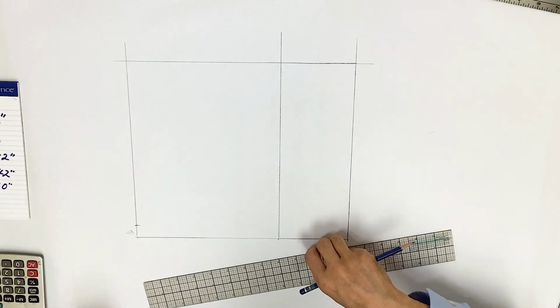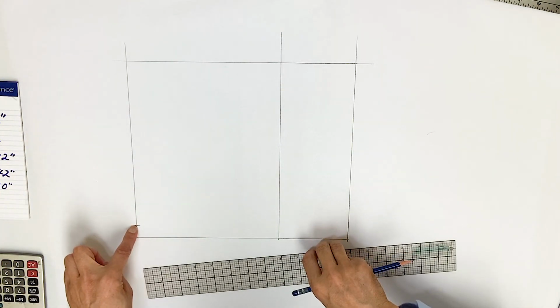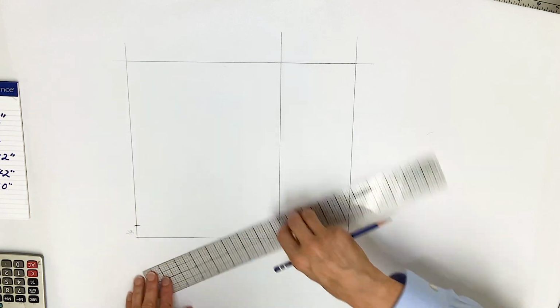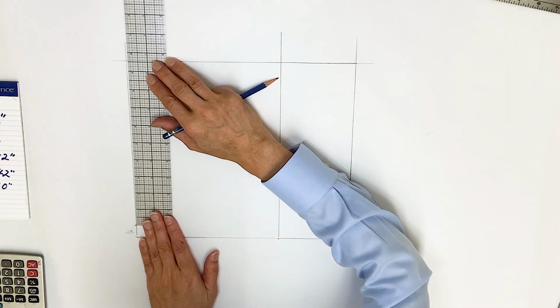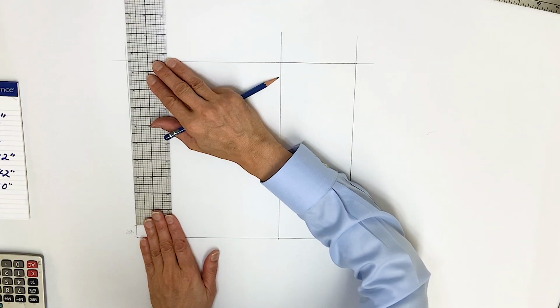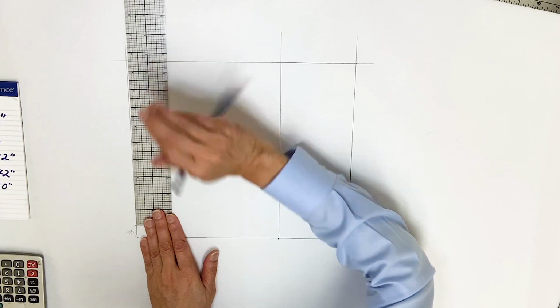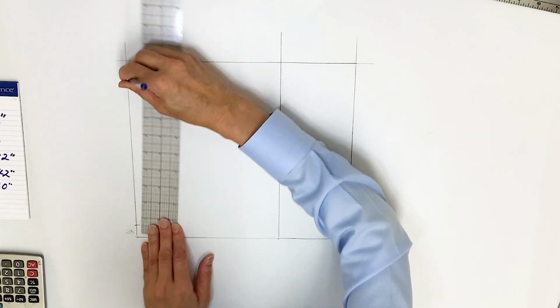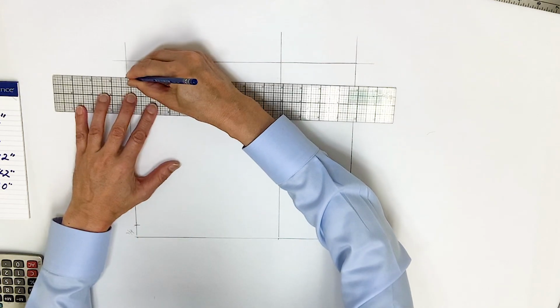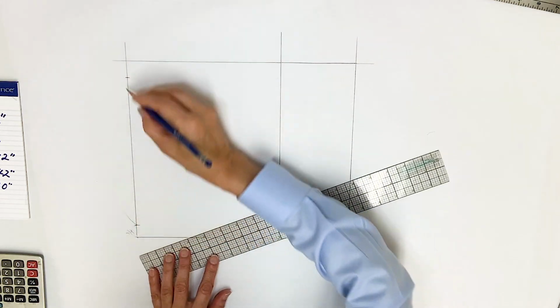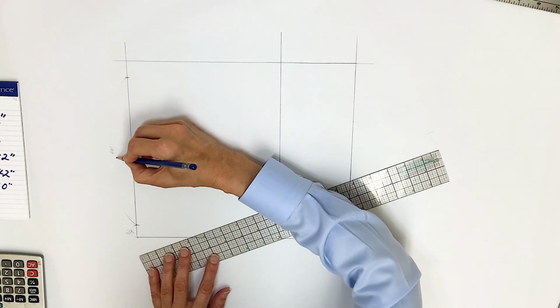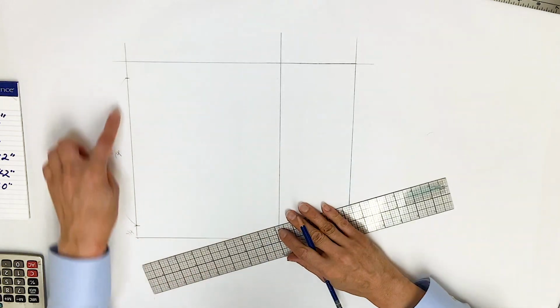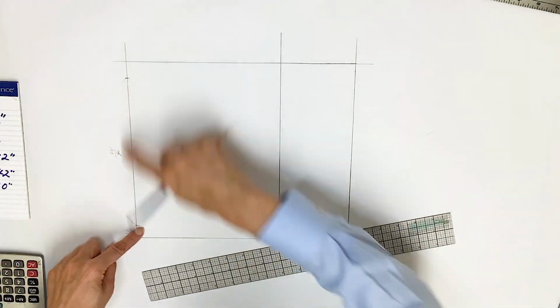So from the point that you marked at 3/4, you mark 8 and 5/8, which is here. This is waist divided by 4, so this will be the actual waist.